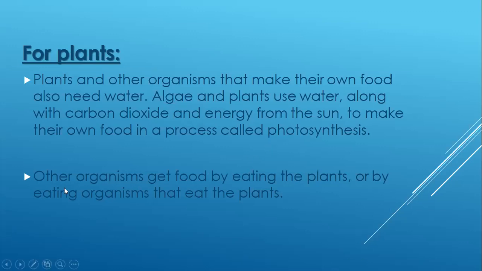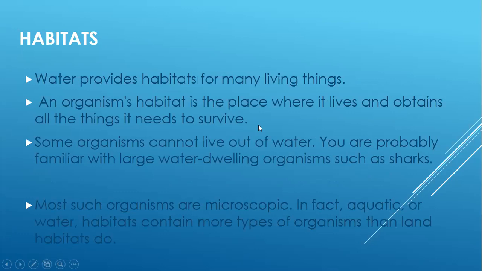Photo means it's coming from the sunlight. Synthesis means to make their own food. Other organisms get food by eating the plants, like consumers, or by eating organisms that eat the plants. So it's like a series or a chain of food starting with the plants and algae and ending with the bacteria. So let's get to the habitats.